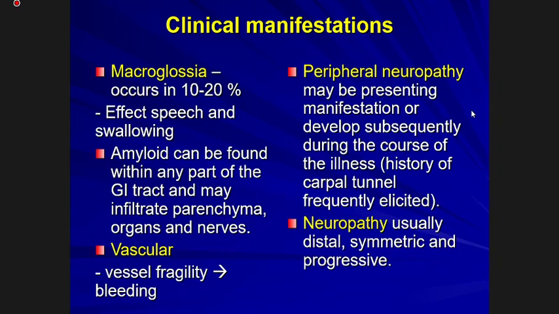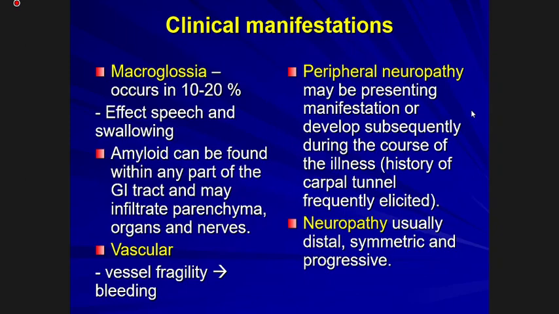Okay, it can also accumulate in your vessels, in the vascular wall, and it can cause vessel fragility. This might lead to bleeding, so you can see later patients with ecchymosis on the body.